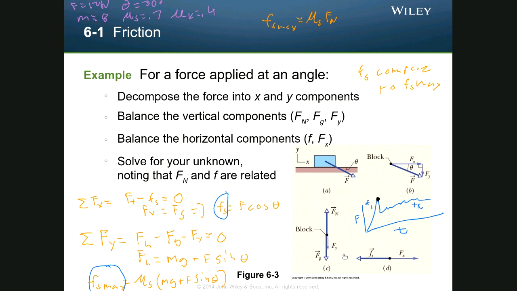So in order to do that, you have to compare the applied static friction to the maximum static friction. And you need to solve it to determine if this block is about to start moving or not. How close are you to making it start moving? That's the question. Any other questions about this?